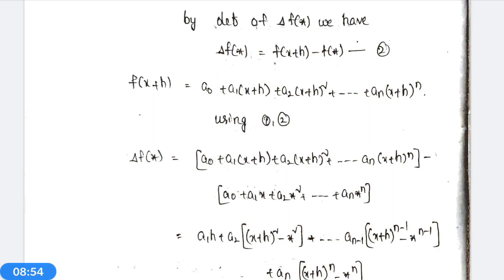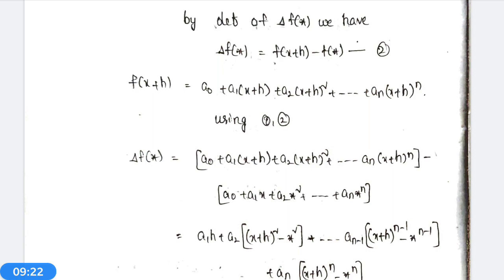This is the value of f of x plus h, minus a0 plus a1x plus a2x square plus etc. plus an x power n. The first series is put in one bracket, the second series in another bracket, and there is a minus between the two series of nth degree polynomials.